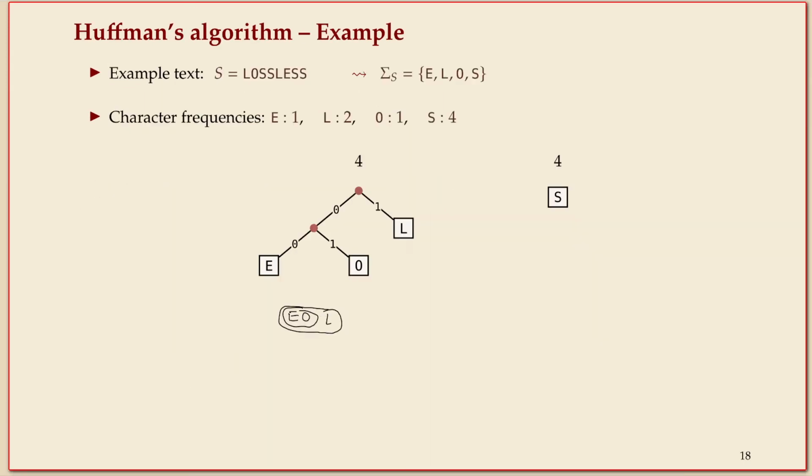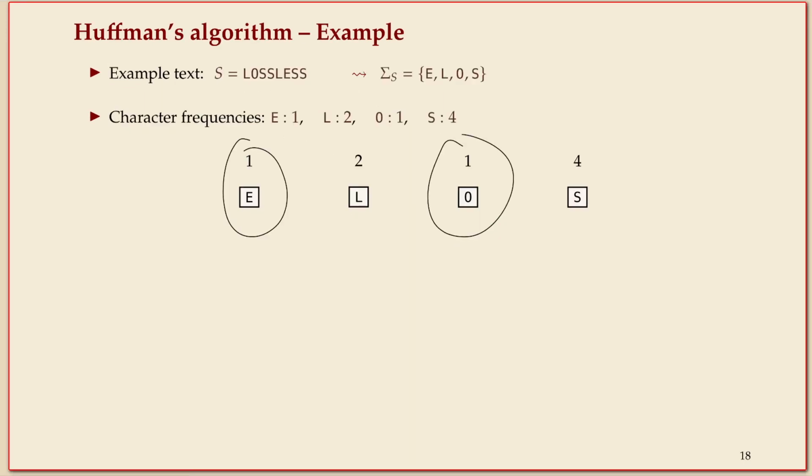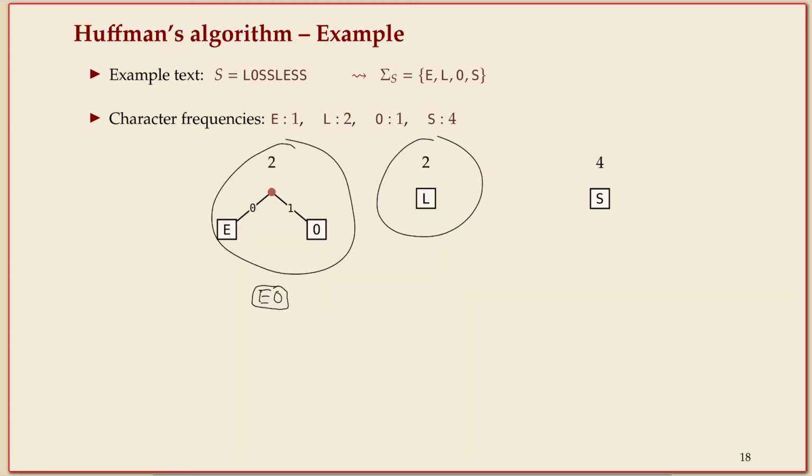For example, even here at this first step, there are 2 elements that have the same minimal frequency. So which way do you put them in the tree? Here I put E left and O to the right, but I could have done it the other way around. There's no rule in the Huffman algorithm, as I described it in the previous slide, which way to go. Both are fine.